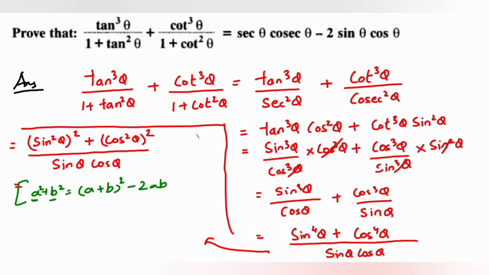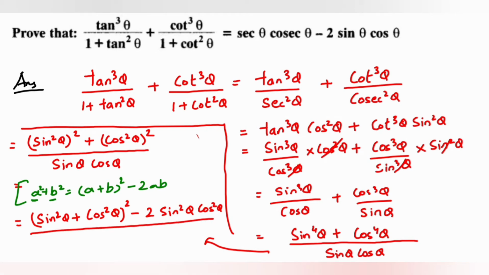Using that we can write a plus b whole square, which means sin square theta plus cos square theta whole square, minus 2ab. So 2 into a, which is sin square theta, and b, which is cos square theta, upon the same denominator, sin theta cos theta.